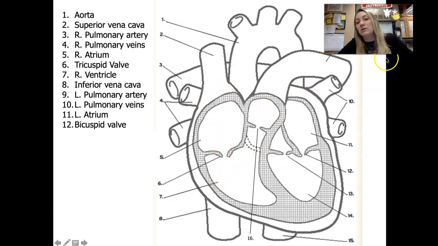Versus after it goes to the lungs and comes back, it still needs to leave the heart, but there's less to do, and that would make this one the bicuspid valve. There's more, 3 is higher than 2.